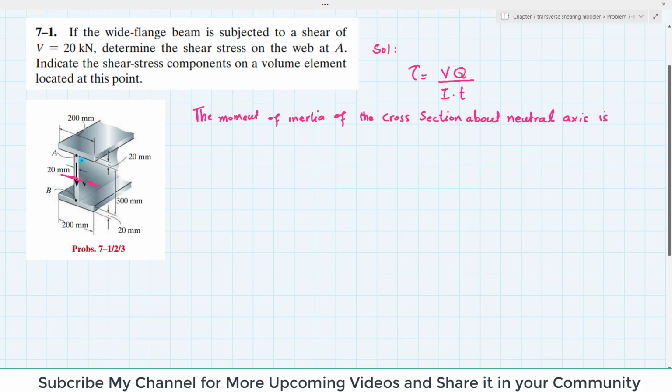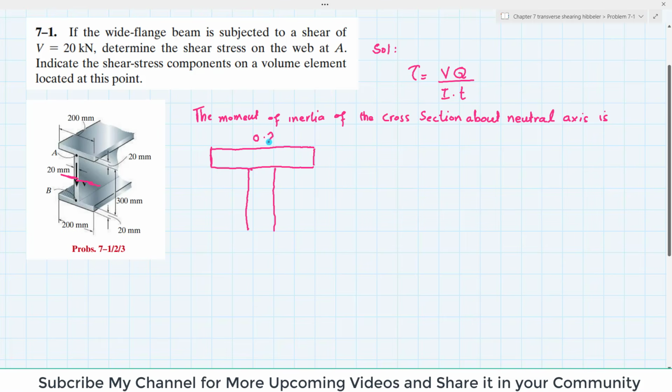So if I draw half the section of this beam, let me draw it first. For example, this is the flange and this is the half of the web, clear. You can see the width of this flange is 200 millimeter, so I will represent it in terms of meter.